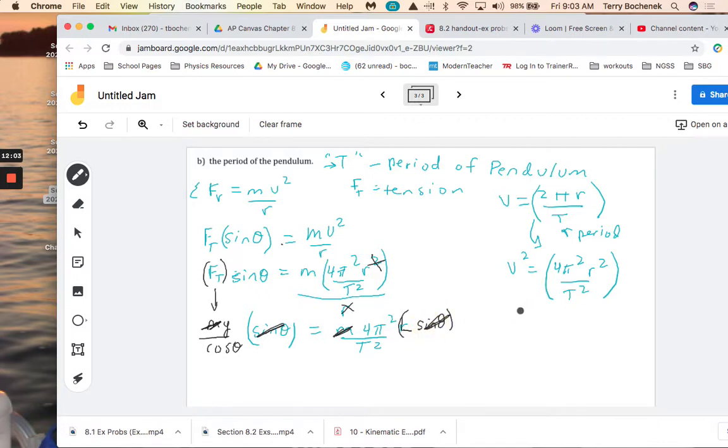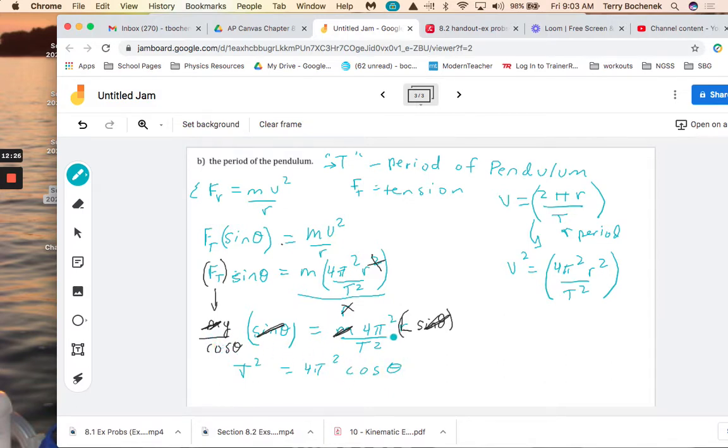And now it's just off to the races to solve for t. So if we do some rearranging, t squared should be equal to 4 pi squared times cos theta over g.